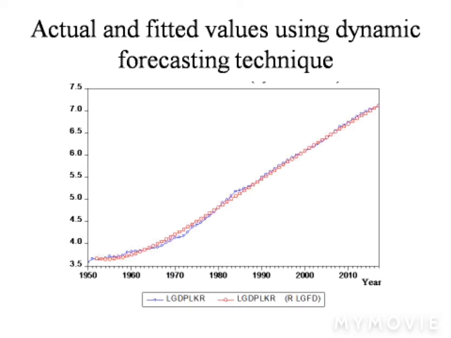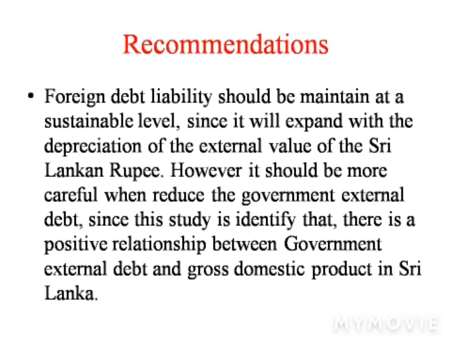You can observe dynamic forecasted values are also close to actual values. Hence, we can use static forecasted values for short term forecasting, and dynamic forecasted values for long term forecasting.